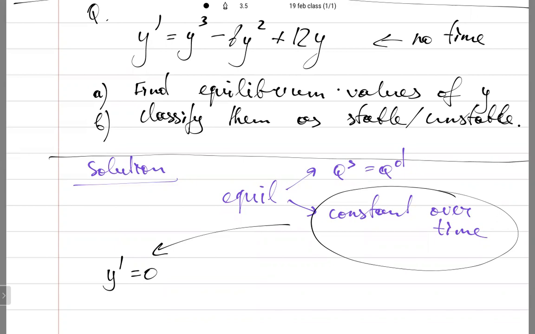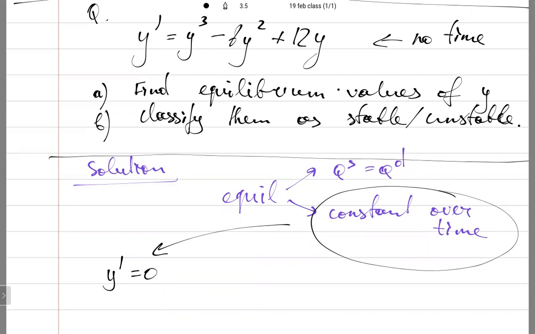The equality is kept. But in my simple problem, there is no ambiguity at all. Only y prime equal to 0 is the only possible sense of the term equilibrium in my question.